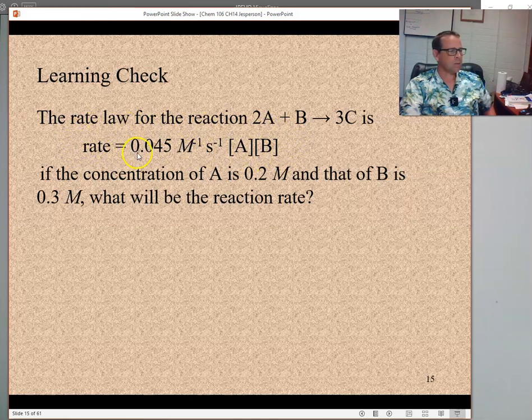So here's a question for you, Camille. If the concentration of A is 0.2 and the concentration of B is 0.3, what will the reaction's rate be? Well, what do these brackets mean here, Camille?